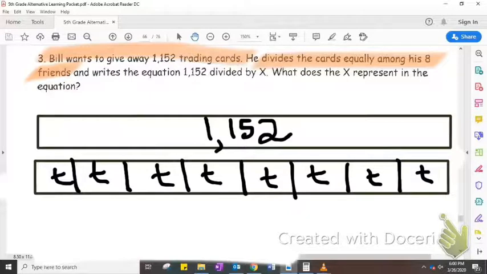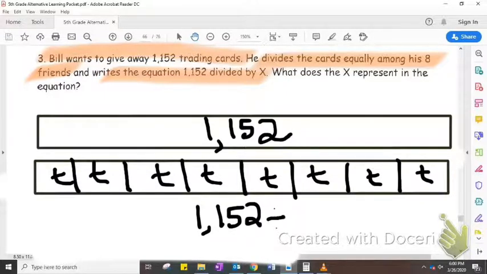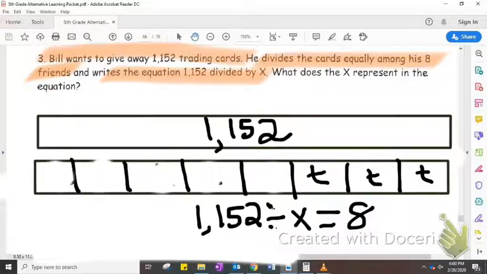He writes the equation 1,152 divided by x. I would assume equals 8. The x has to represent, so we're going to replace our t because they picked x instead.